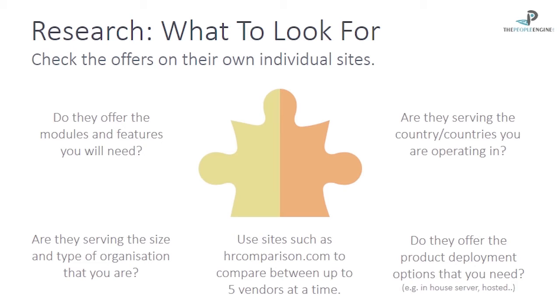And do they offer the product deployment that you're looking for? So if you particularly want it in-house, they need to be able to give you that option. Although you'll probably find from my researches, over the last couple of years, 99.9% of my requests have been for online, web-enabled HR software.